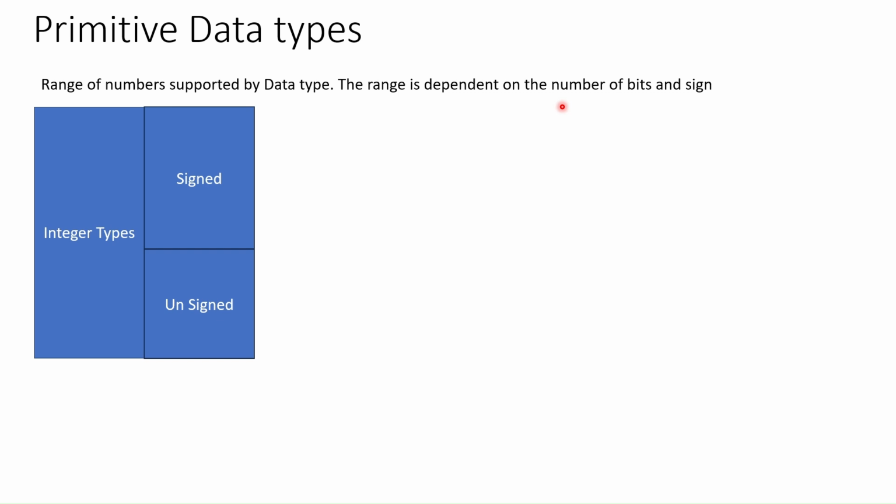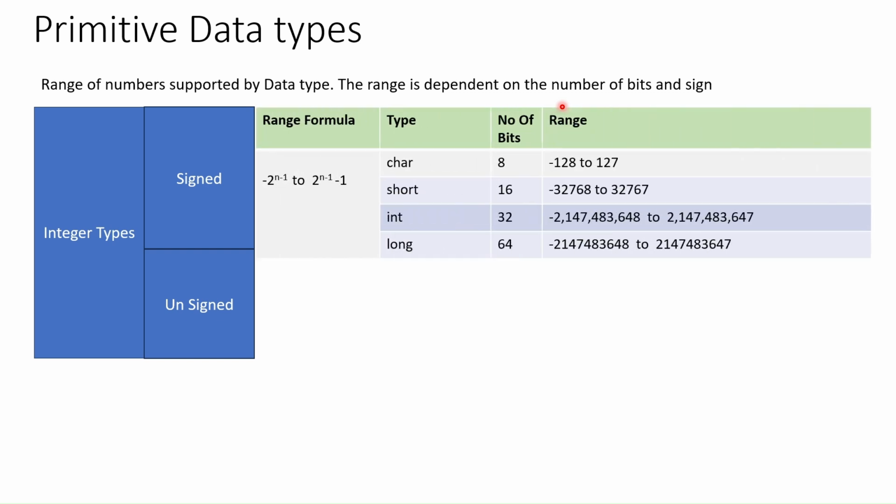Unsigned means there is no sign, everything is positive. For signed integers, the formula for the range, the minimum and maximum supported number, is minus 2 power of n minus 1 to 2 power of n minus 1 minus 1. Here n is the number of bits that the data type supports.